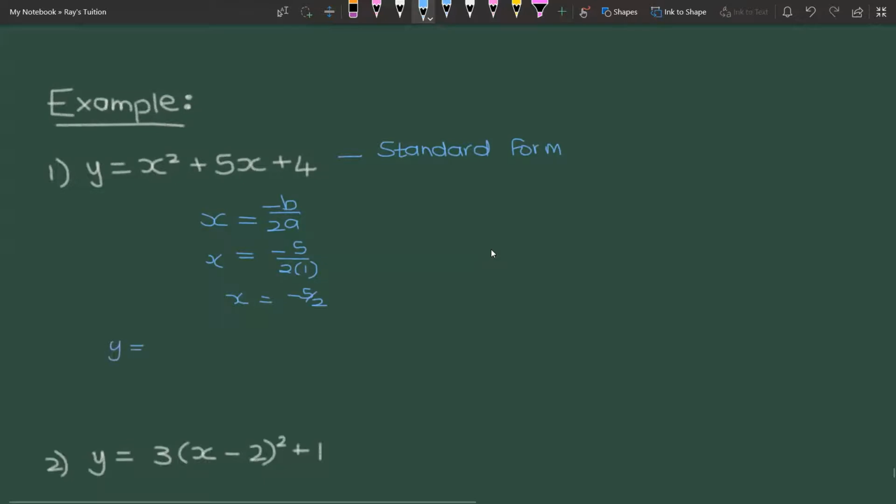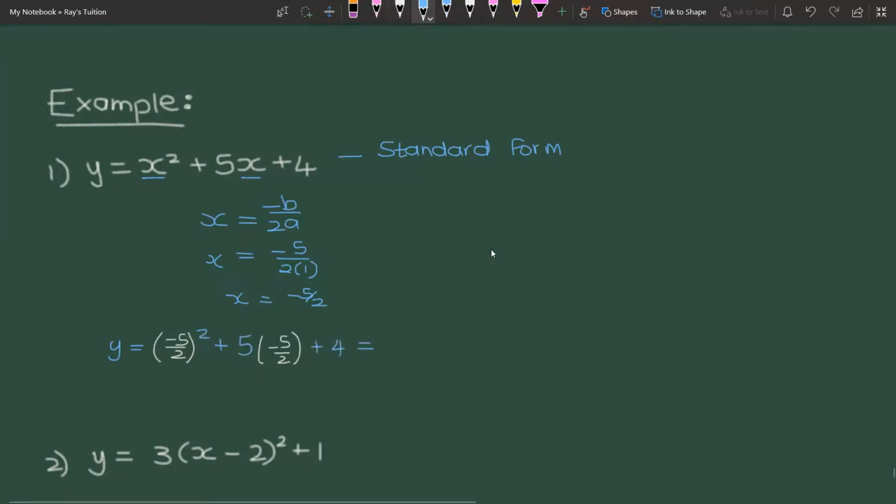We substitute the x coordinate into every place that we see x in the equation. So this will be y is equal to minus 5 over 2 squared plus 5 times minus 5 over 2, and finally plus 4.